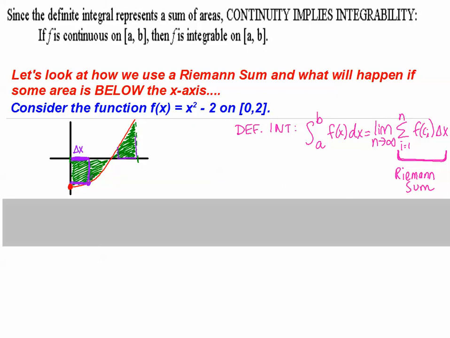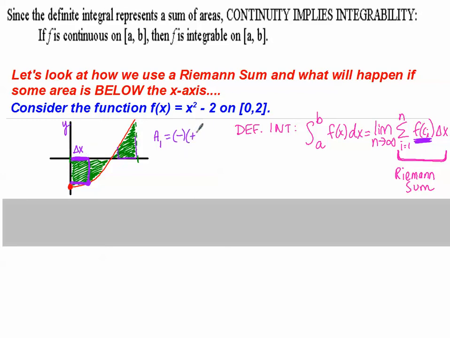I have to go down to the function, which means if I'm literally using f of x to find the height of the rectangle, this f of x value is in the negative direction on the y-axis, so that's a negative value right there. So if I'm finding the area of the first rectangle, that f of x value I'm using from my function is a negative value, a negative number times delta x.